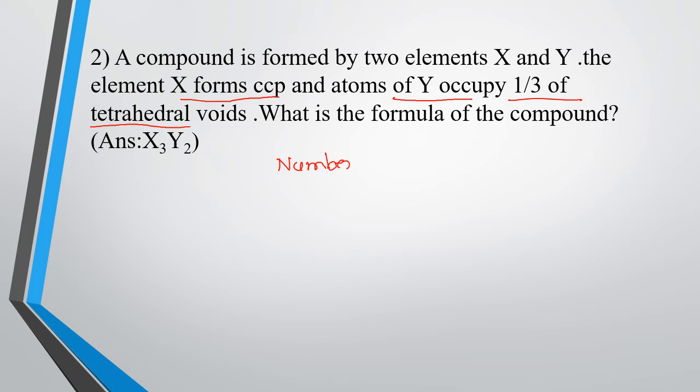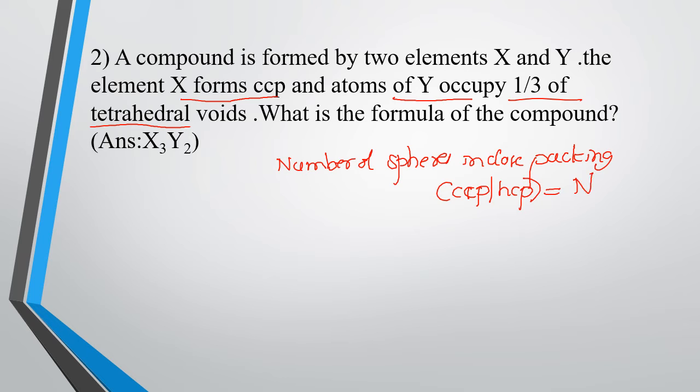The number of spheres in close packing, either CCP or HCP, is equal to n. The number of tetrahedral voids is equal to 2 into n. This is important. This is actually required for this problem to solve.